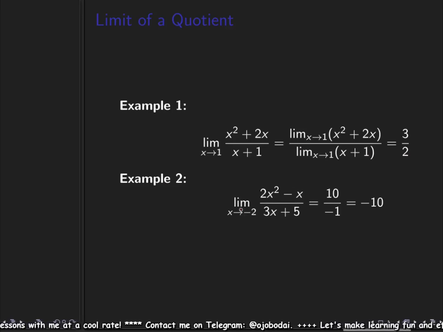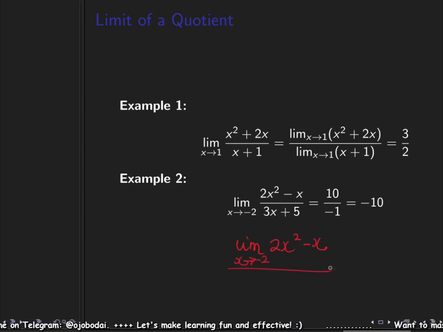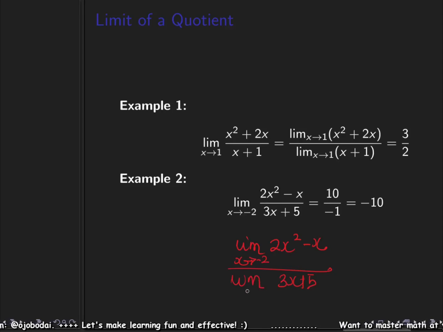This second one here, we have the limit of 2x squared minus x all over 3x plus 5. So we can evaluate the numerator alone, and that is going to give us the limit of 2x squared minus x as x approaches negative 2, all over the limit of 3x plus 5, also as x approaches negative 2.